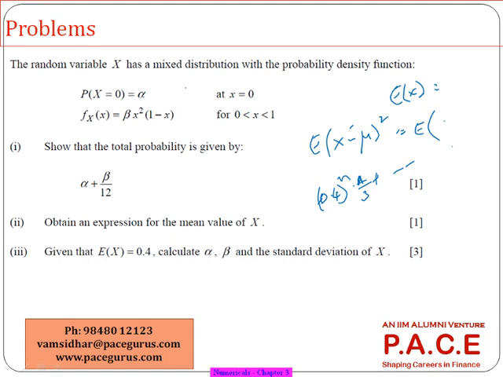So it's as good as saying I am doing it as x minus expectation of x whole squared. X is 0. Expectation of x whole squared is 0.4 whole squared. See, the variance is nothing but expectation of x minus mu whole squared. That is where we are doing it as expectation of x squared minus expectation of x whole squared.